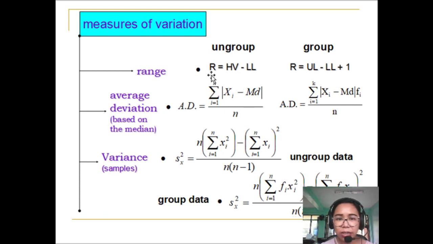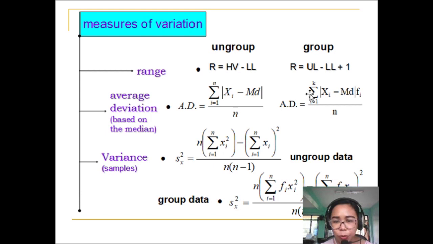In calculating the range given ungrouped data, we have the highest value minus the lowest value. In grouped data, we consider the upper limit of the last class interval minus the lower limit of the first class interval plus a constant one. For the average deviation based on the median, it's simply the sum of the absolute deviations from the median divided by n.